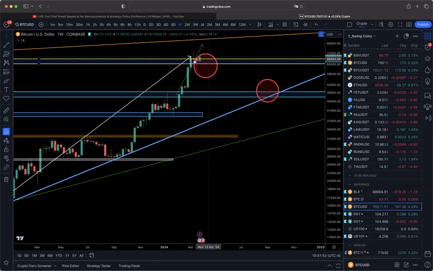So this is consolidation at the all-time high range. With all-time high, you don't go by the exact dollar number. You have to go by a percent, a couple of percent, a few percent higher or lower range. That's a range, a zone that you have to consider. And we can say that consolidation is happening at all-time high.